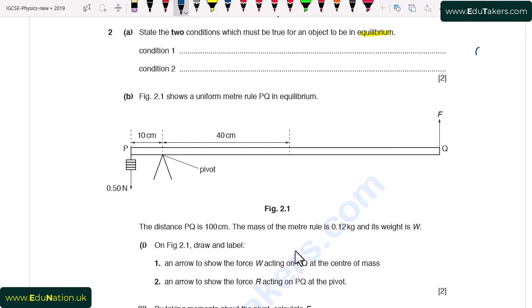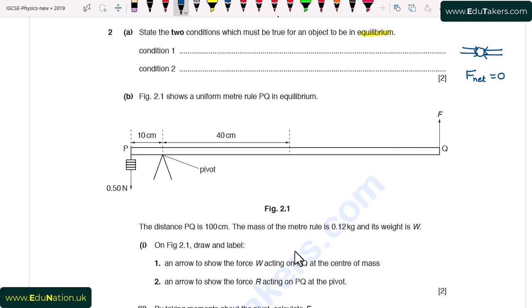If I consider this object, there are two forces acting in this direction and two forces acting in this direction. You can see that all of these forces are of equal magnitude and acting in opposite directions. That's why they cancel each other and the net force on this body must be equal to 0. So I write here the net force acting on the body must be equal to 0.